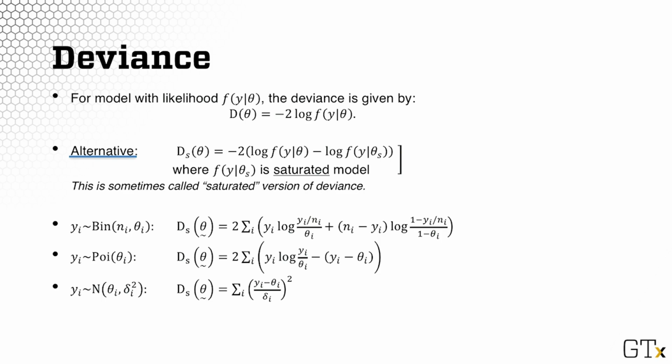We already saw, in dealing with generalized linear models, how the deviances look for the binomial distribution and Poisson distribution, and the saturated deviance for the normal distribution is essentially the sum of squares.